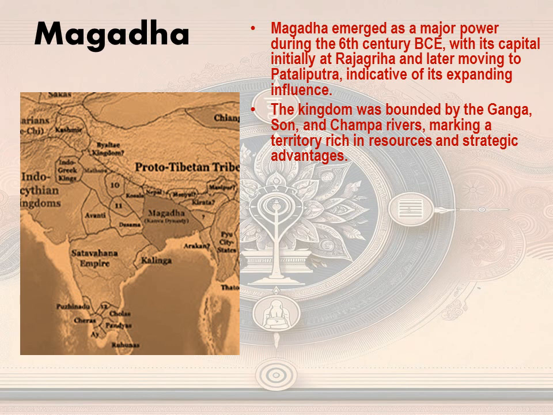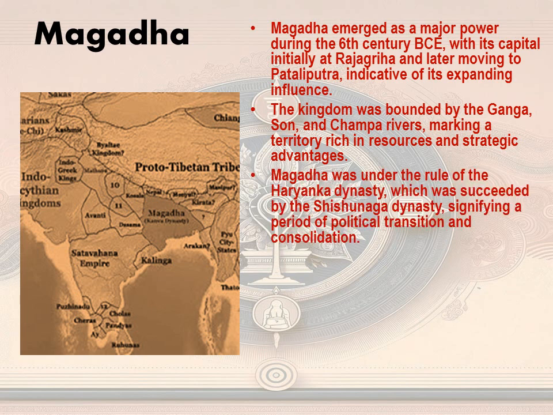The kingdom was bounded by the Ganga, Son and Champa rivers, marking a territory rich in resources and strategic advantages. So it had important rivers all around itself. Thus, it was very important for its rich resources and strategic advantages.